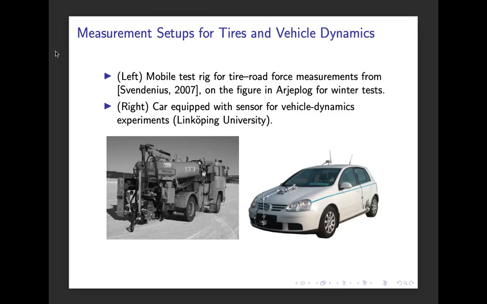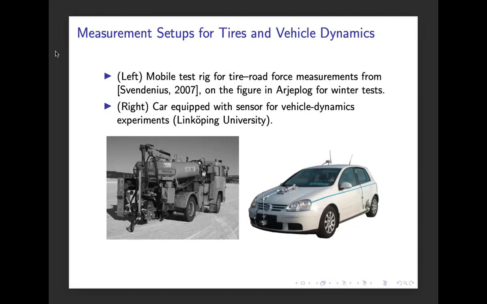But also in Linköping, we have cars equipped with different kinds of sensors. It could be IMUs, it could be laser sensors that measure the distance to the ground. That could be attached both at the front and at the sides of the vehicle to determine inputs and experimental data that we can use as a basis for our modeling.